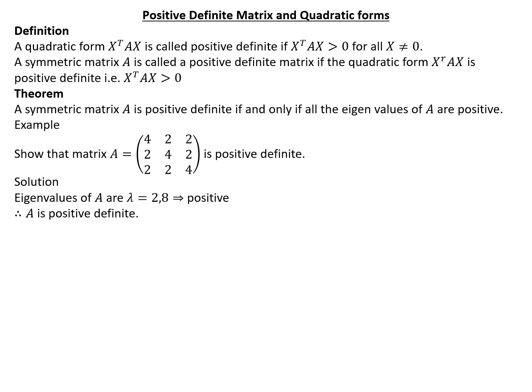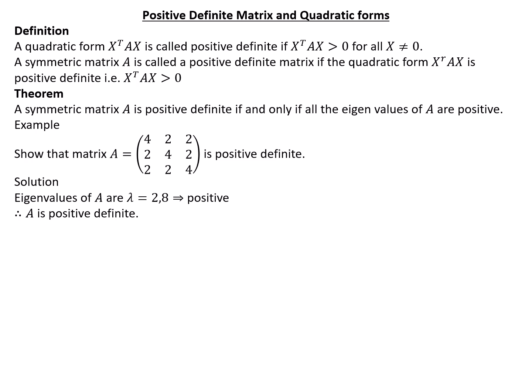But if otherwise, it's not. If you see any one that is negative among them, that means it's not positive definite. So the condition for a symmetric matrix to be positive definite is that the eigenvalues of A must be positive. That is, all your lambda must be positive.